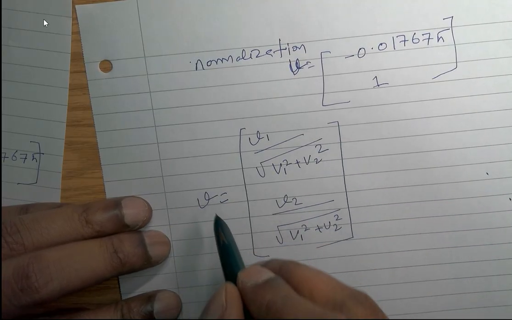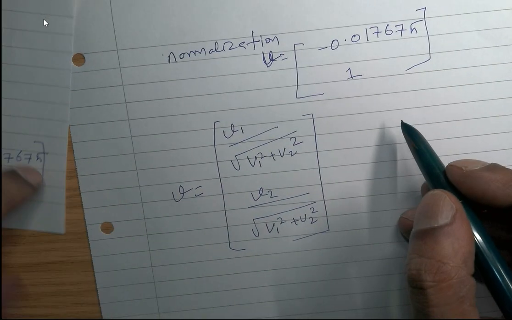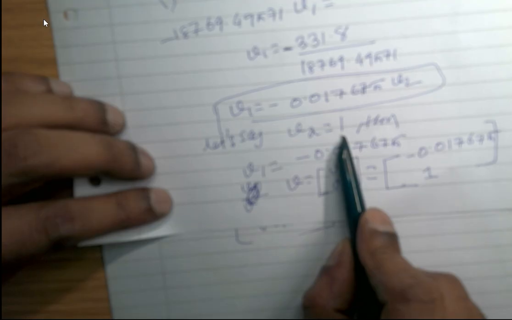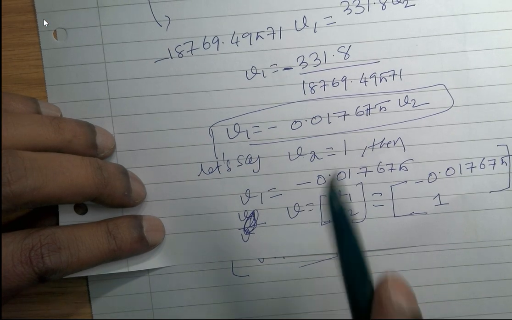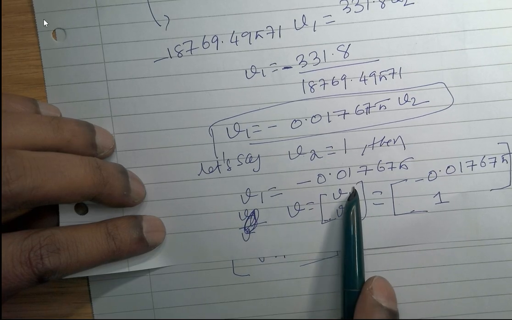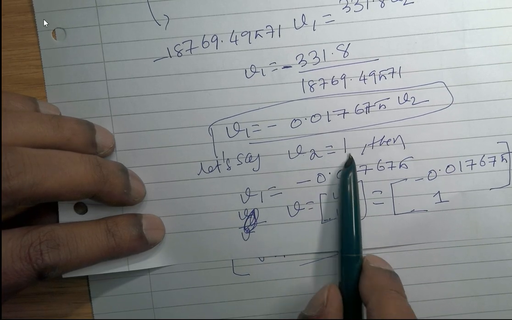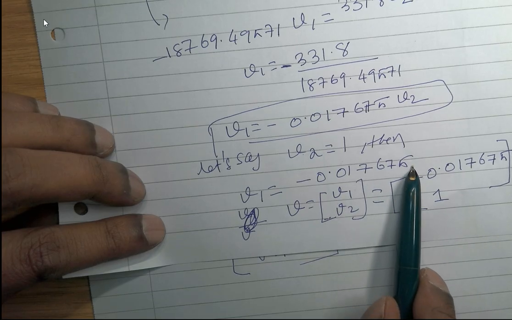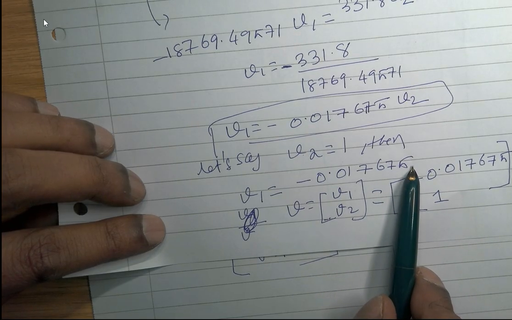So why do we do that? If you go back to the previous step, I just put a value when v2 is equal to 1, you get v1 equal to this number, isn't it? If I put v2 is equal to 2, then you will get exactly the double of this number, isn't it? So what do I mean by that?